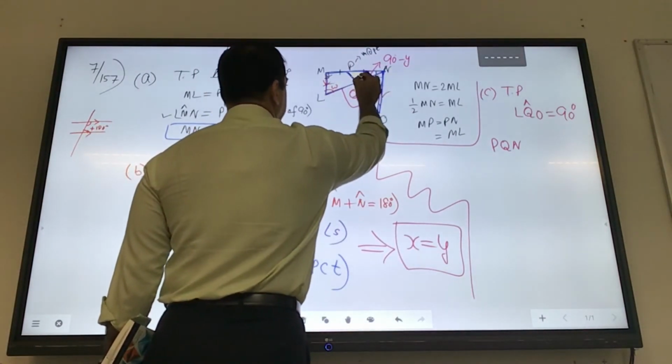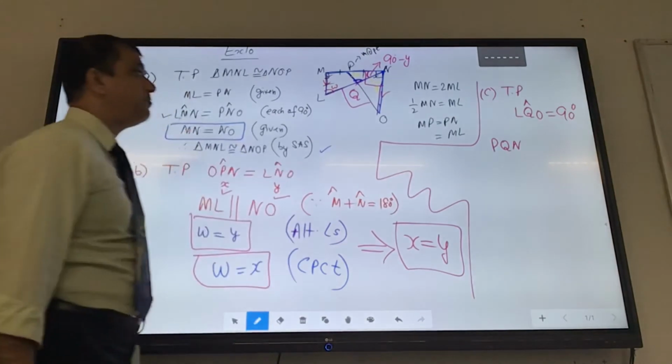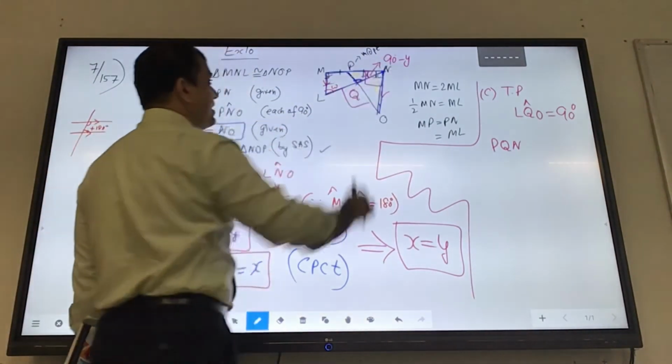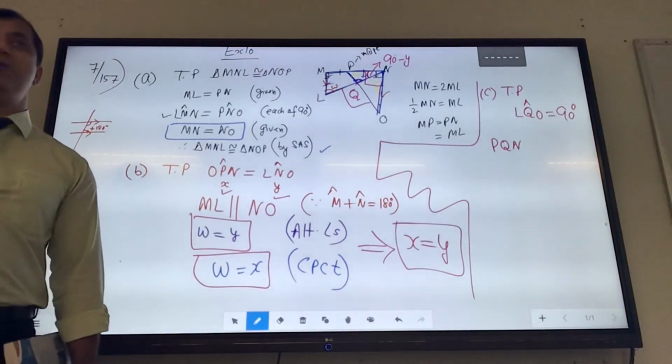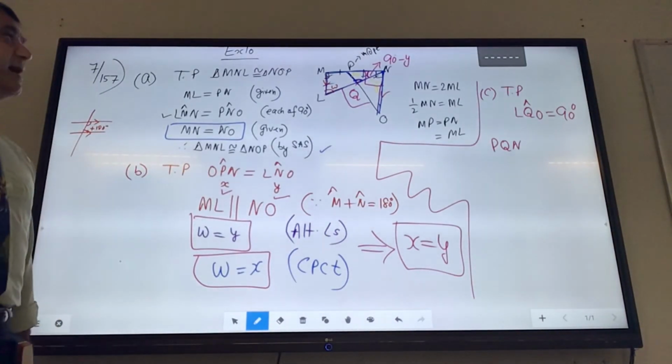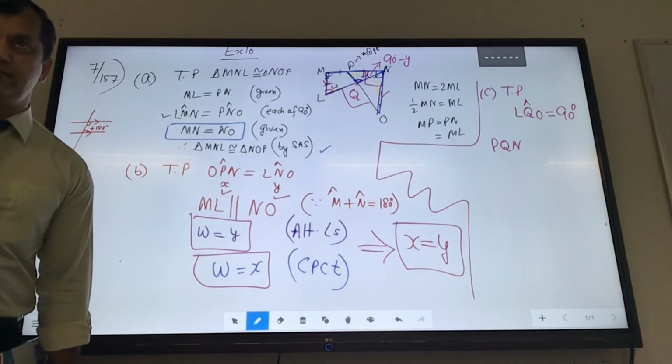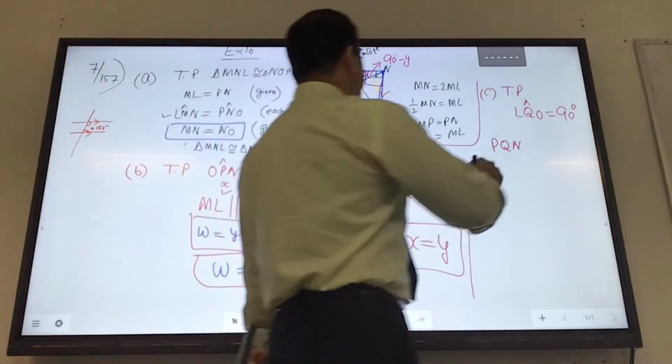I'm trying to find this angle from this triangle, from triangle PQN, by angle sum property of a triangle.